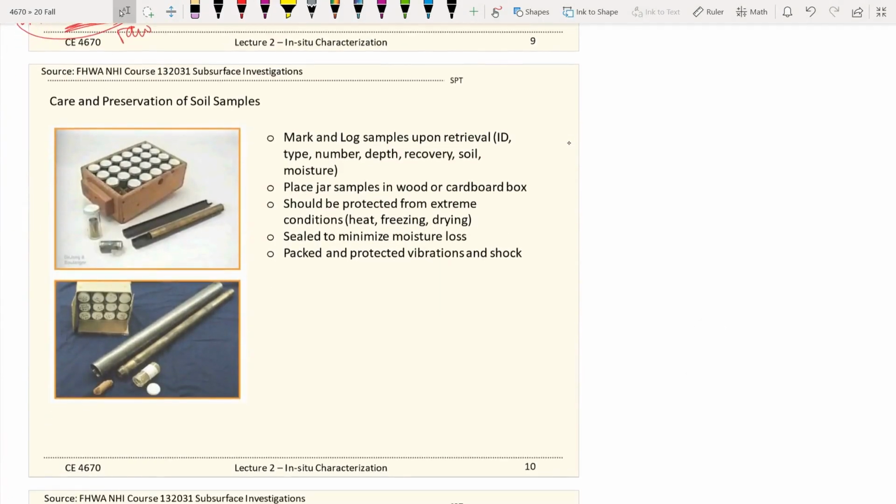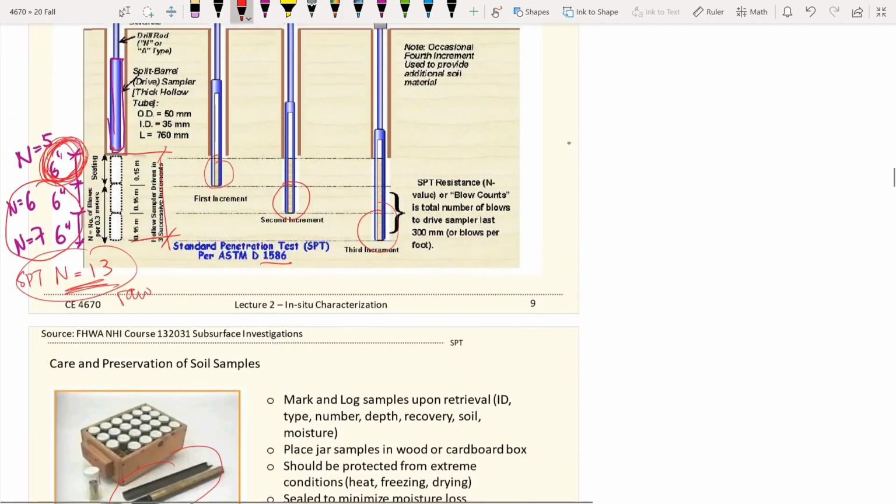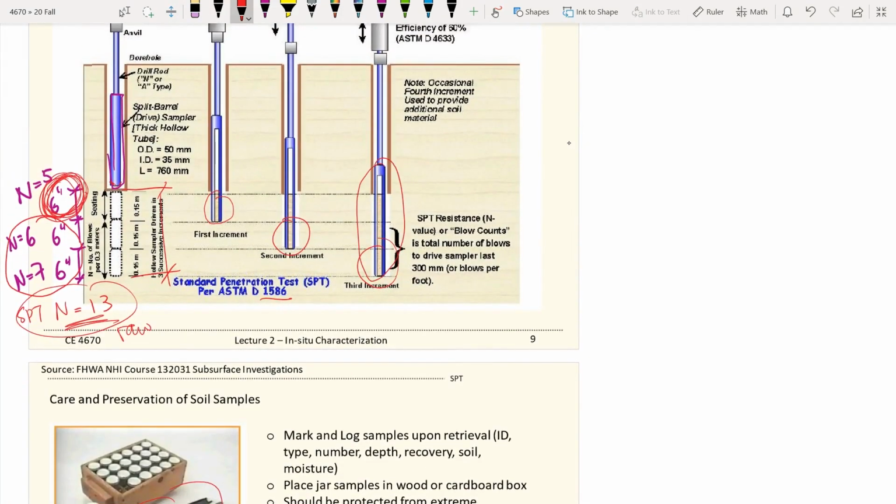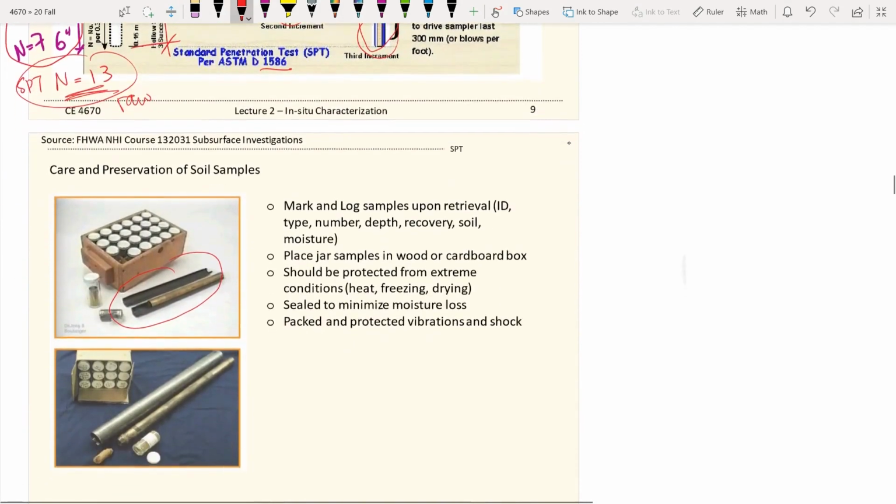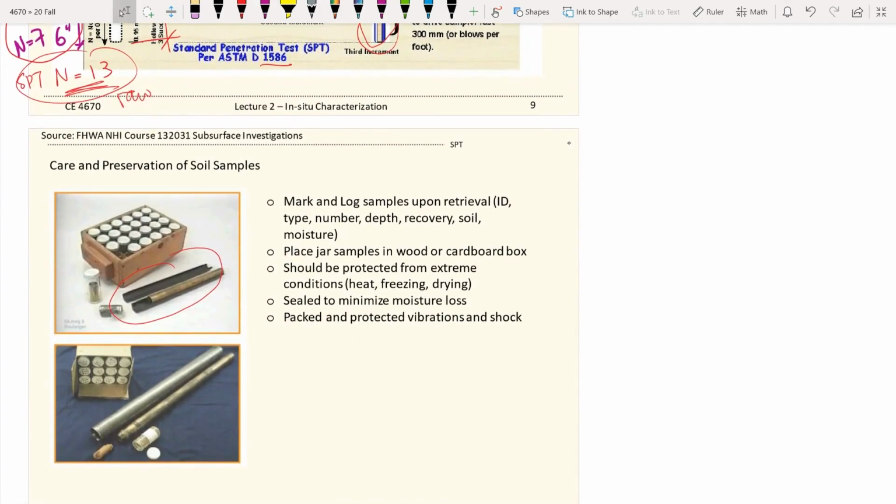So we mentioned this split spoon sampler. This is a split spoon sampler. You can retrieve it back to the ground surface, and after you open it, you will get the soil samples.